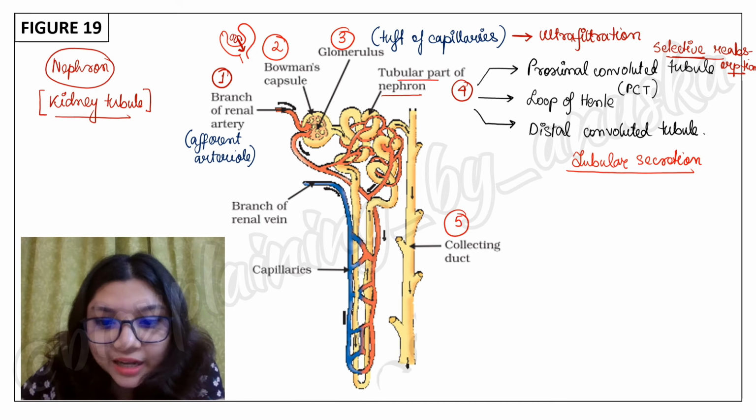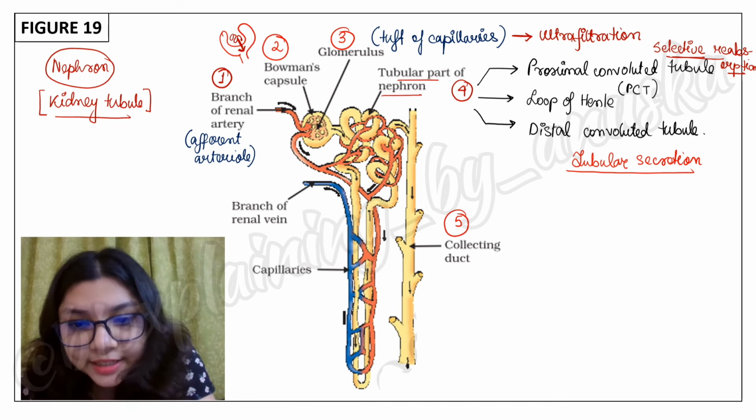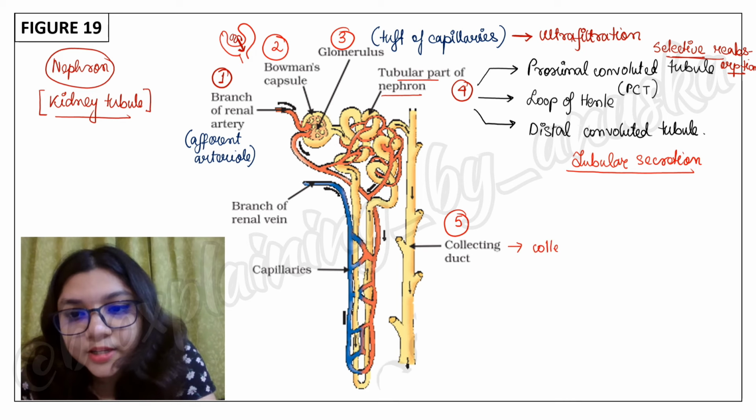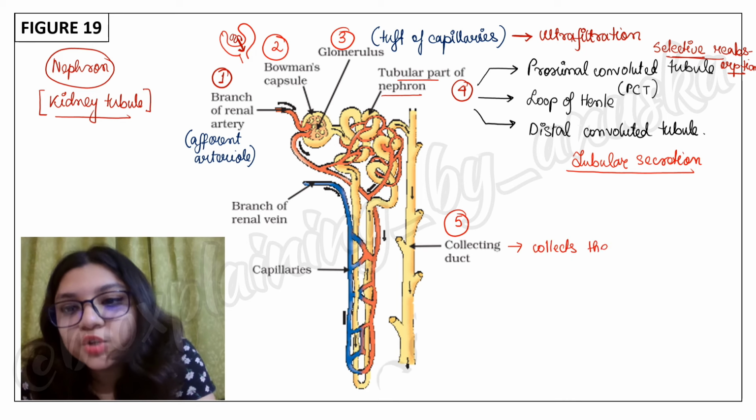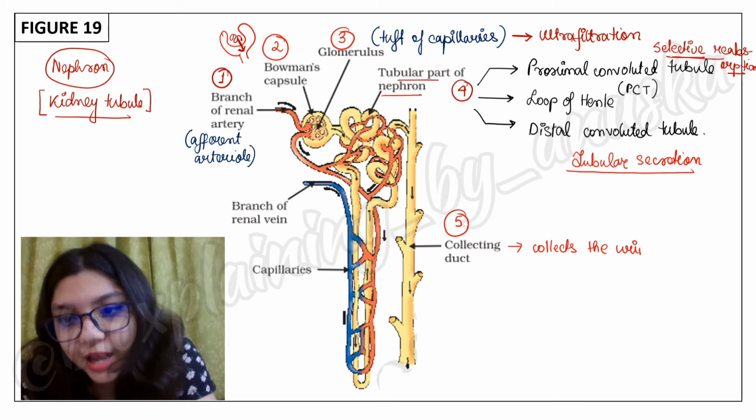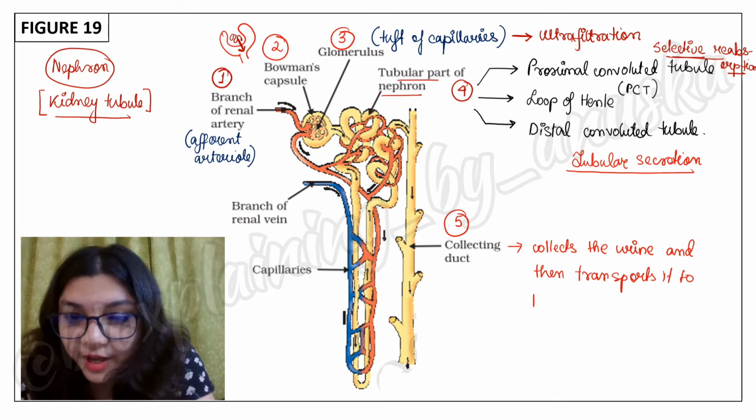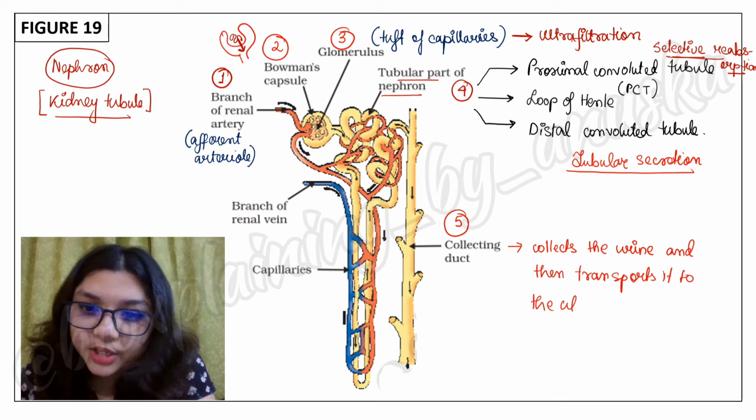Part number 5 is the collecting duct. What does the collecting duct do ultimately? It collects the urine and transports it to the ureter. Finally, it will send it to the ureter.